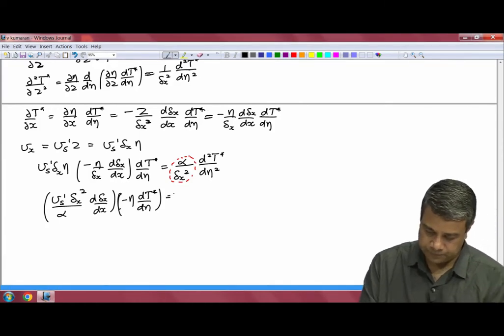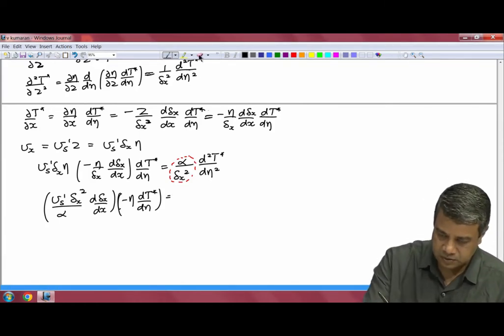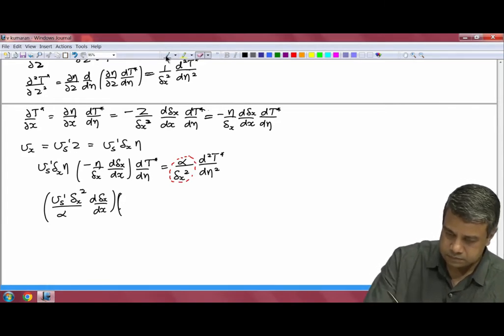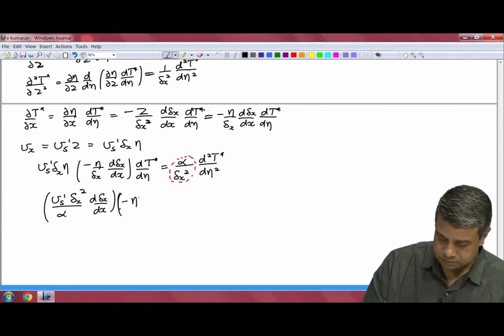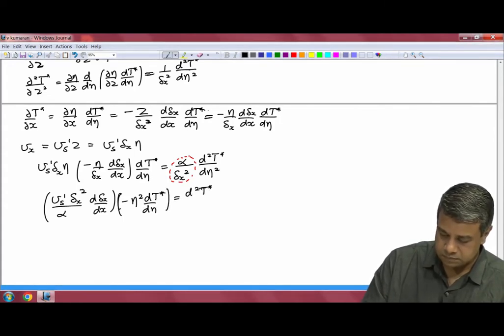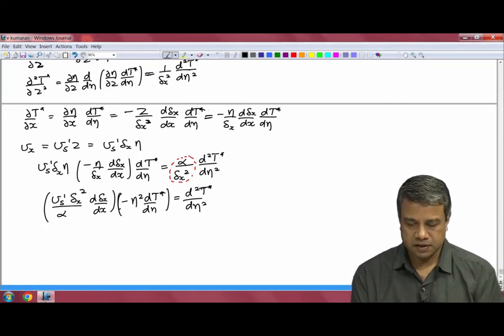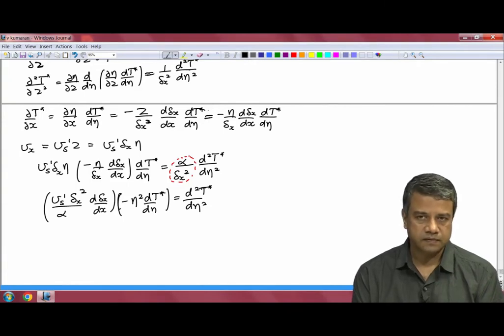I am sorry, eta square. So, this is the differential equation for T star in terms of eta.